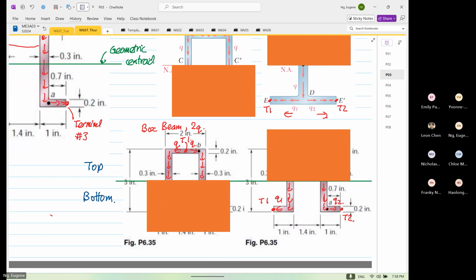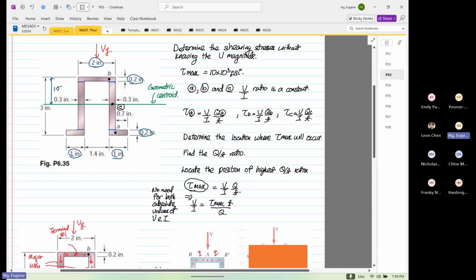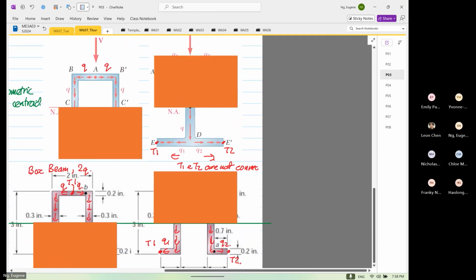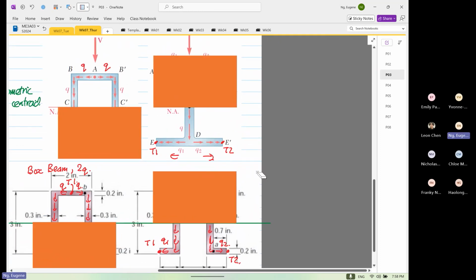So T1 and T2 are what? Not connected. Oops, sorry. T1 and T2 are not linked or not related in terms of Q1 and Q2.